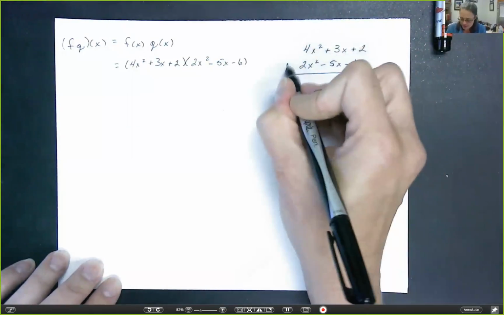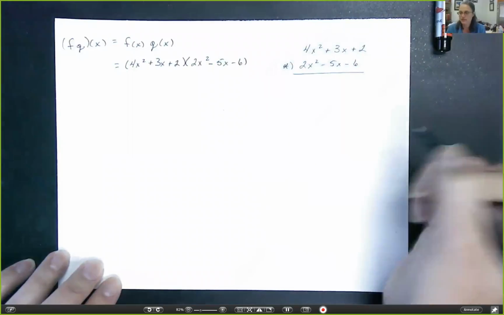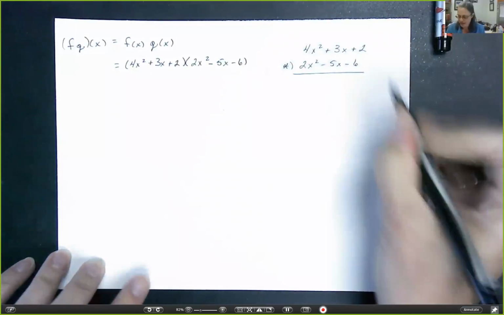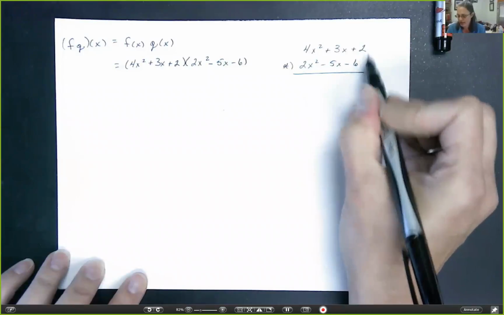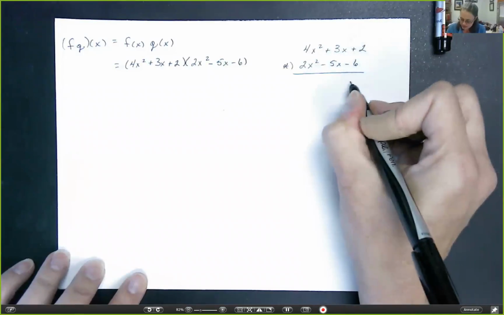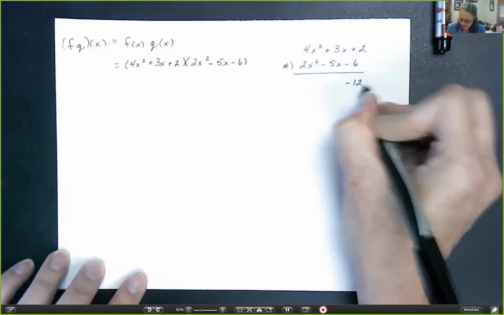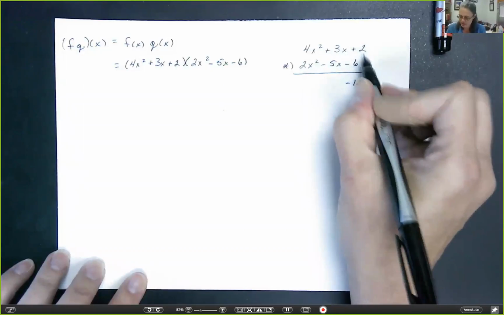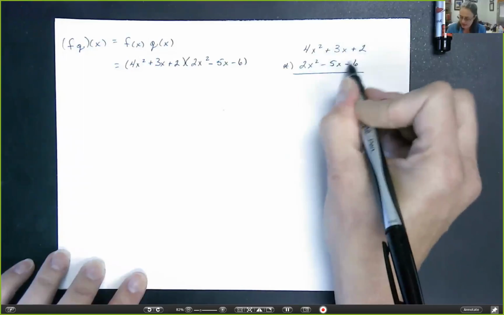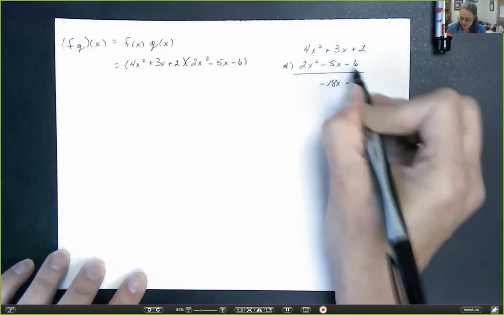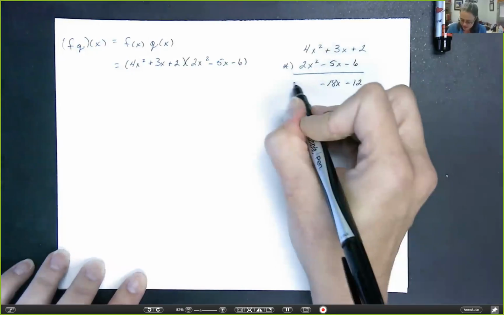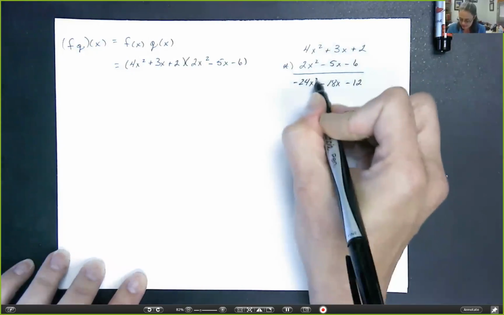I make a notation for myself that I am multiplying. And then I take my negative 6 from the bottom polynomial and I multiply it through the top one. So negative 6 times 2 is negative 12. Negative 6 times 3 is negative 18x. Negative 6 times 4 is negative 24x squared.